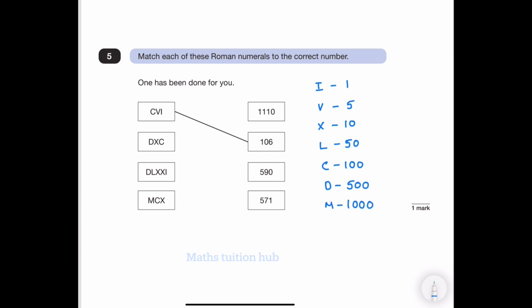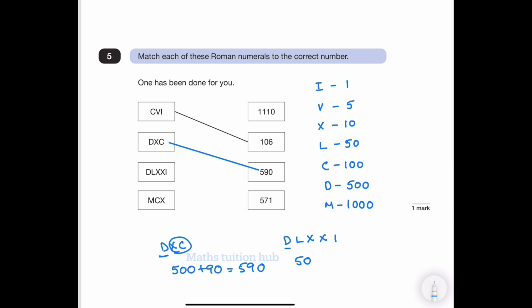These are the representation of Roman numerals in different letters, and let's see now. So DXC. So D is 500, XC together now, because smaller number on the left side, that means you need to take away that number from the bigger number. So C is 100, 100 take away 10 is 90, that adds up to 590.